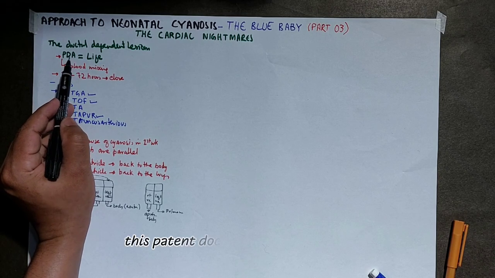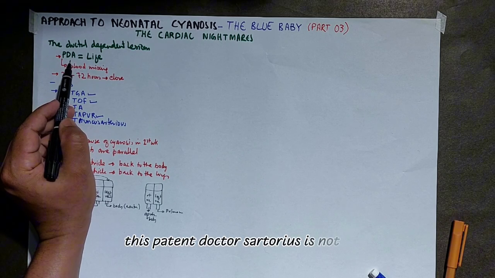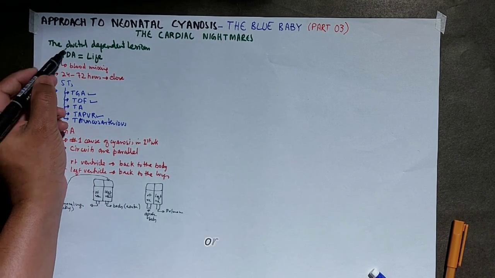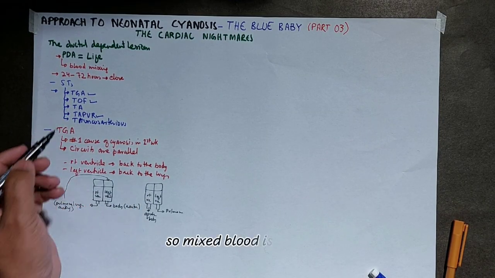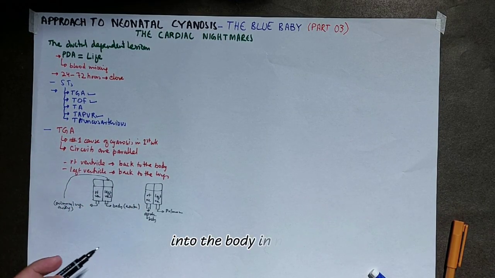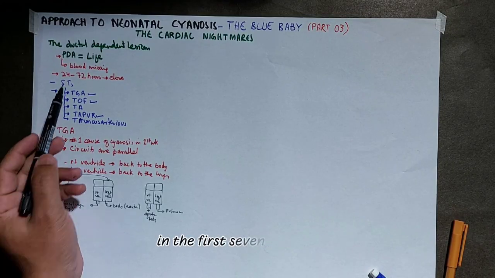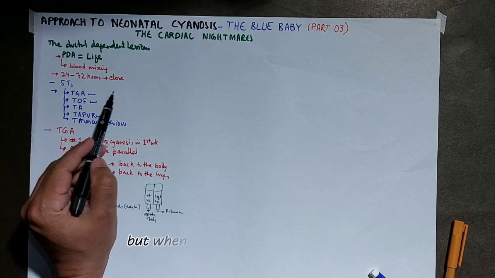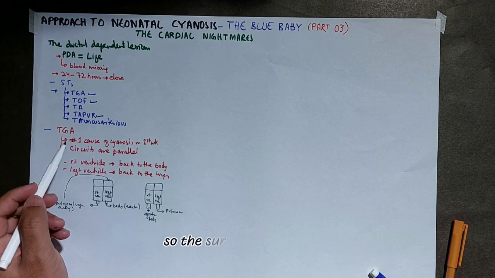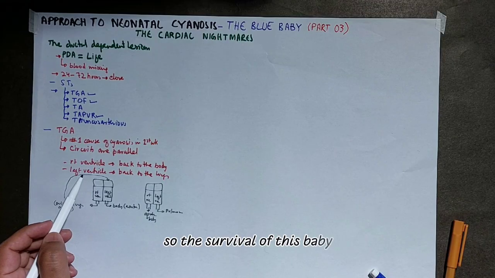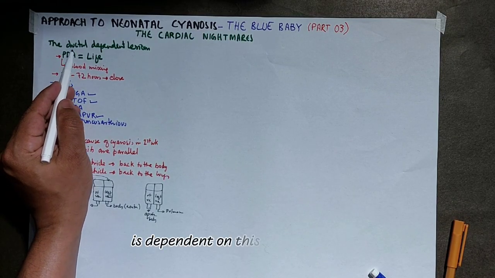But when this patent ductus arteriosus is not shut, there is shunting of blood. So mixed blood is pumped into the body in the first 72 hours. But when it closes, it results in havoc. So the survival of this baby is dependent on this shunting.